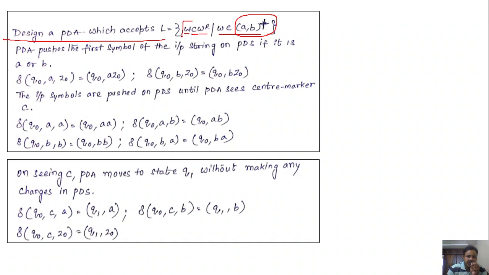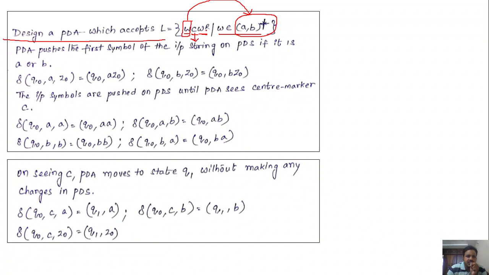First we take a word from the positive closure of {a,b}, then that word must be followed by the character c and then the reverse of that word.